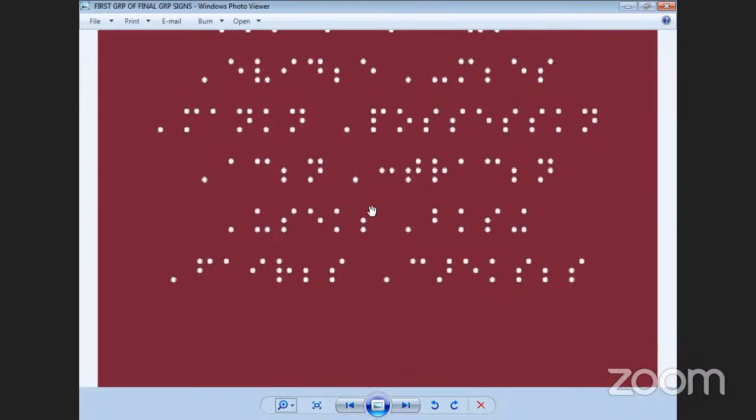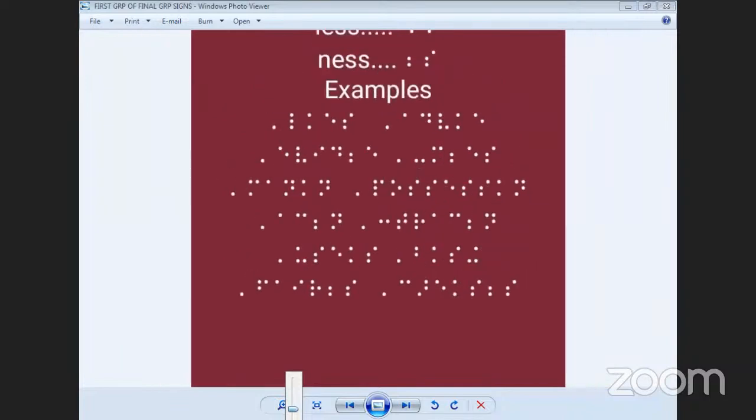And that reminds us, you've seen what Ellen has just asked on the group, that when we are writing bl, is it having rules attached to it? And we are saying yes. Bl cannot start a word as a contraction. Like the word blessing, we cannot contract bl as dots 3, 4, 5, 6.